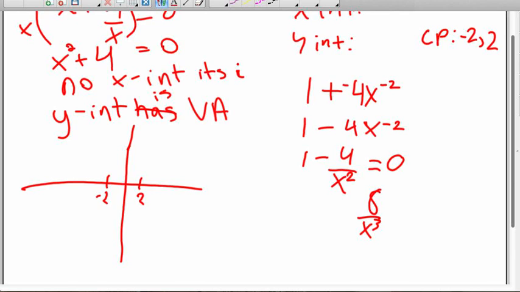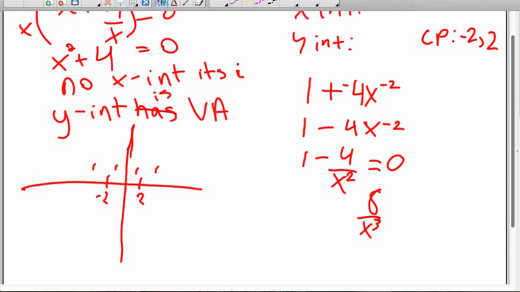Alright, so now you test for increasing, decreasing. You plug points from these sections into your first derivative. Because this is an asymptote right here, you have to check both sides. So 1 minus 4 over x squared.